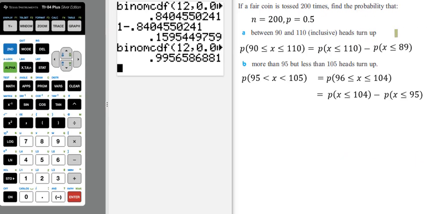Let's go to another example. A fair coin is tossed 200 times. Find the probability that A, between 90 and 110 inclusive heads turns up.